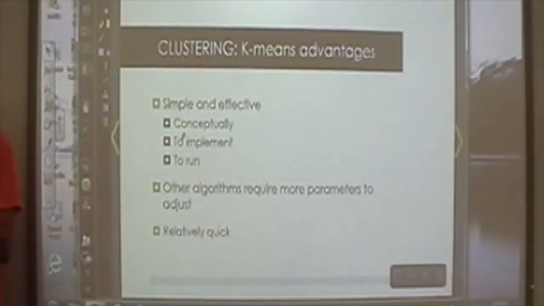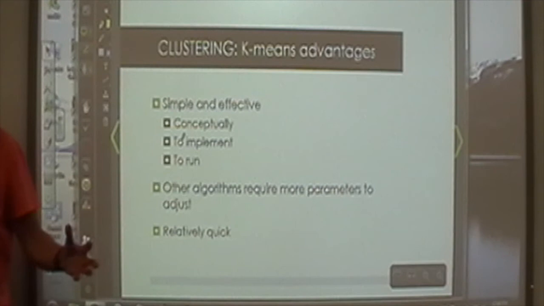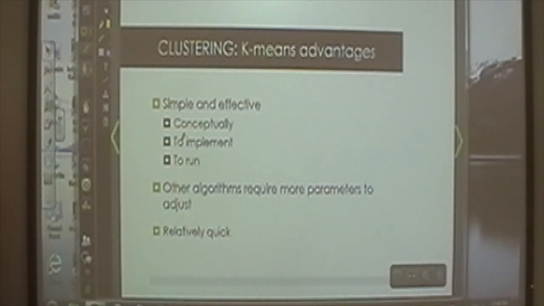Other algorithms tend to be much more complicated, may require more parameters to tune and set, and can take many orders of magnitude longer to run. K-means is relatively quick.